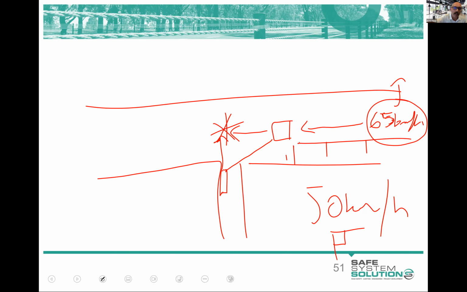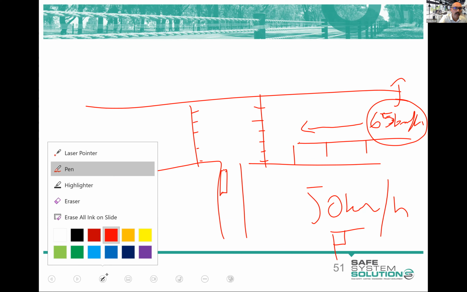What is a primary one at this location would actually be something to reduce the energy of the potential crash to within those tolerable levels. So maybe that could be a raised platform here that reduces speed down well under 50.